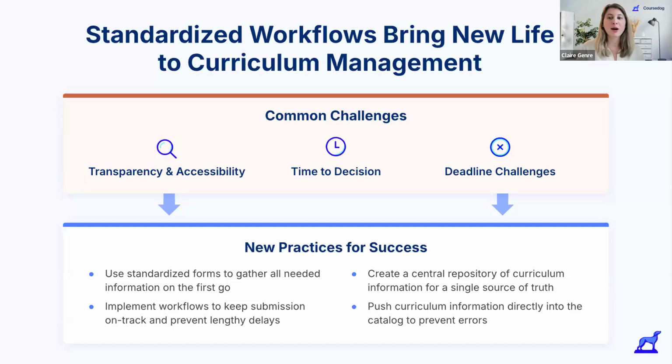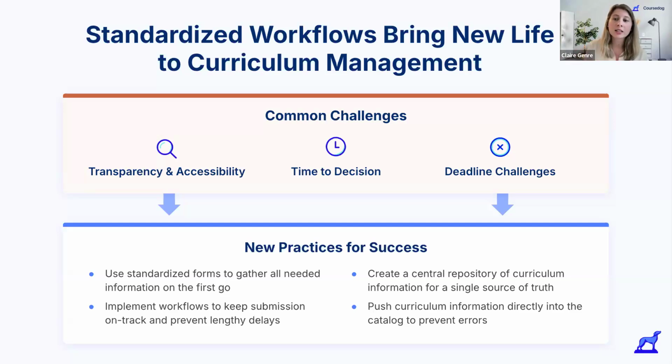So starting here around curriculum management, as I'm sure many of you are aware, the curriculum approval process can be really trying. We've listed just a few of the challenges at the top of the slide here that we're going to go into. First, transparency and accessibility. I'm sure you can all relate to this with curricular changes moving through, whether you're using paper forms, emails, spreadsheets, maybe separate point solutions, and other potential tools you might be leveraging.